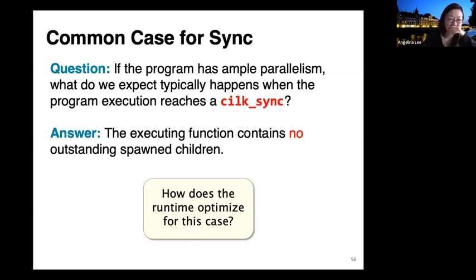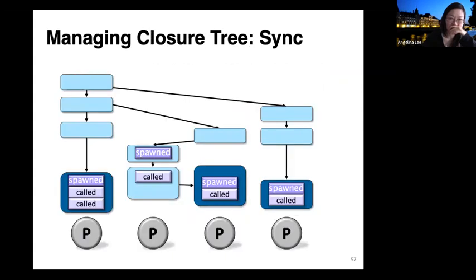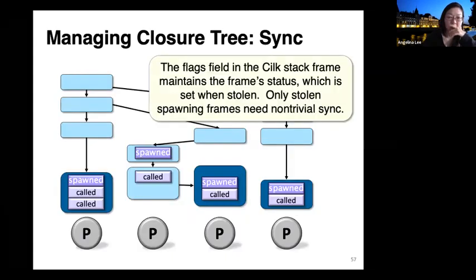And so in this case, we also want to optimize for when the Cilk sync is likely to succeed and not fail. Because each full frame has references to the Cilk stack frame corresponding to the current subroutine, we basically have a flag stored in the Cilk stack frame that maintains the frame status, where the flag is only set if it's stolen, okay?